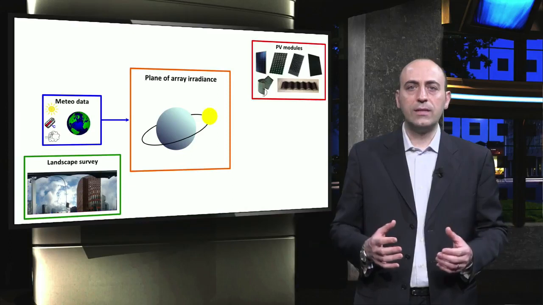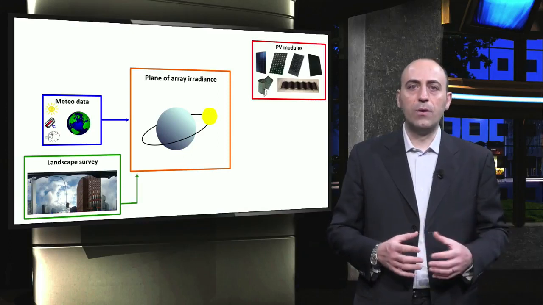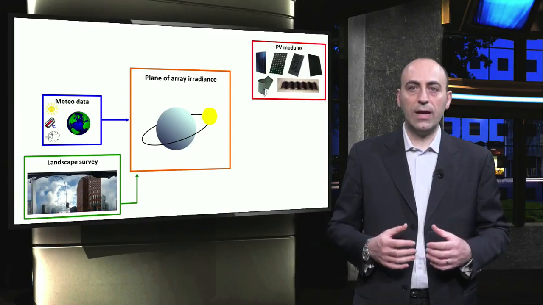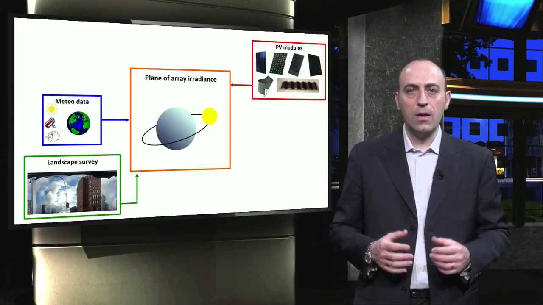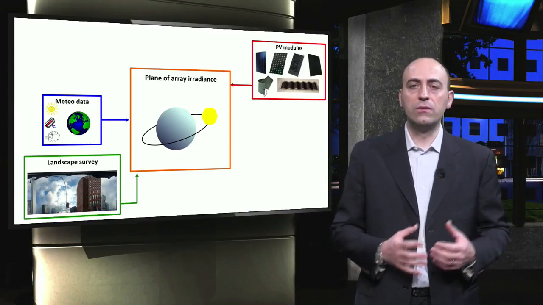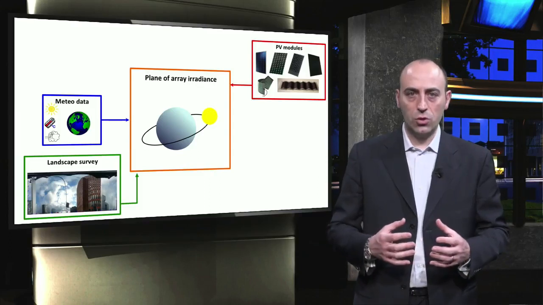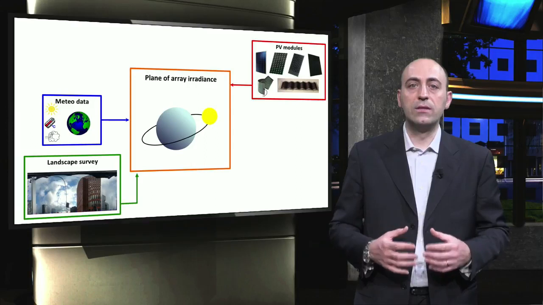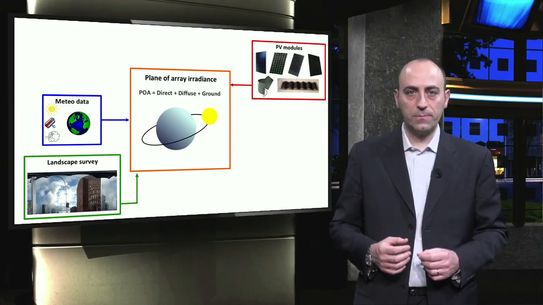The meteorological data and the surrounding landscape all influence the incident irradiance on a module of a certain shape and size. In order to estimate the irradiance incident on a module at any given time, we also need to consider the tilt and orientation of the module. The incident solar irradiance on a PV array is also known as the plane of array irradiance.